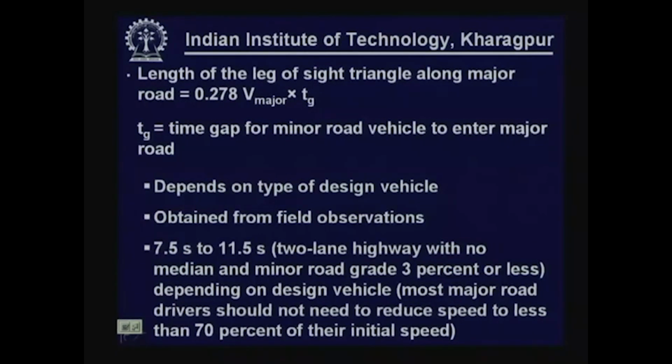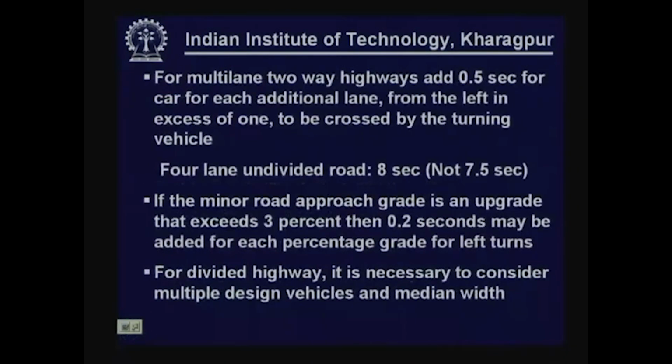Okay. Now, for multi-lane highways, 0.5 seconds is to be added for a car for each additional lane from the left in excess of 1, to be crossed by the turning vehicle. That should be noted carefully. That means, what we said, 7.5 to 11.5, is for 2-lane roads. So, for multi-lane highways, some corrections are to be applied.